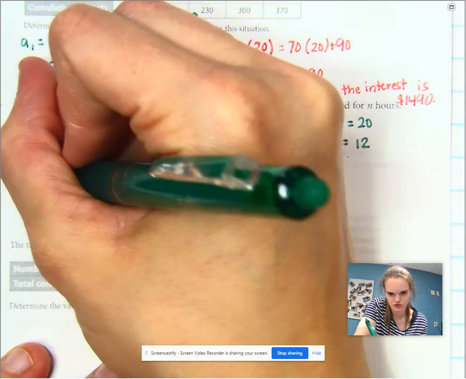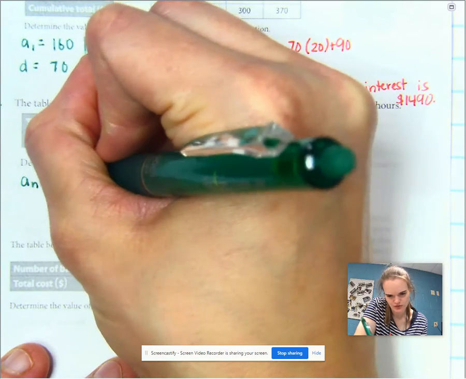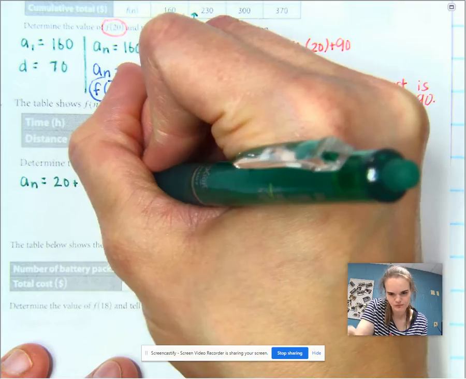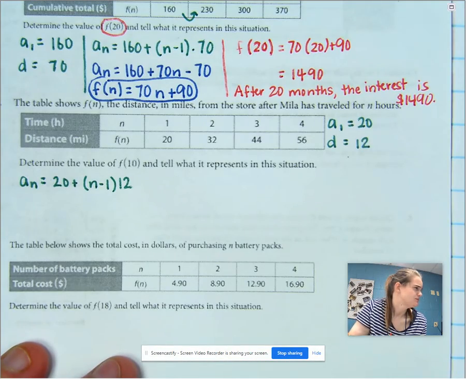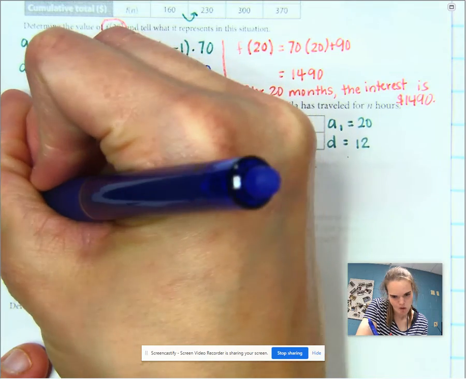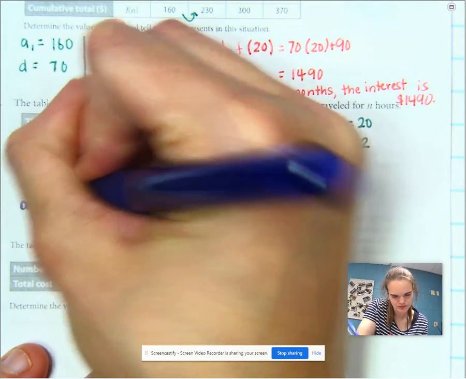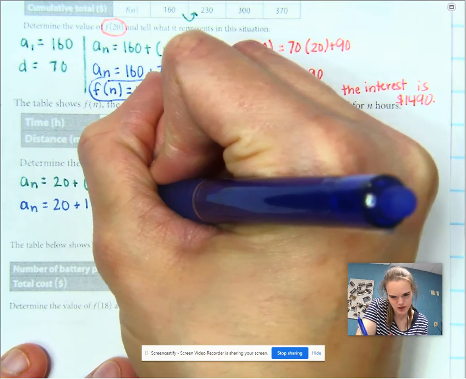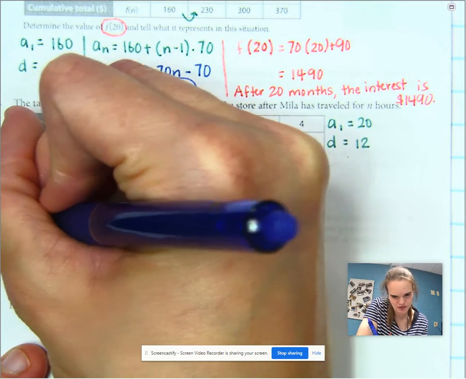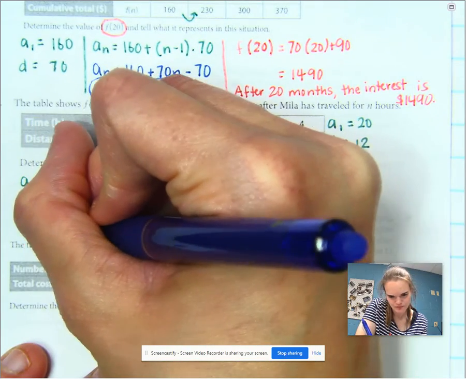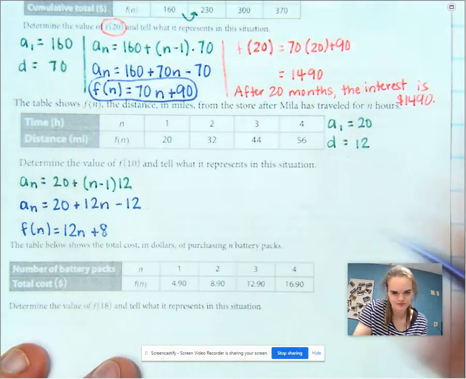A sub n equals 20 plus n minus 1 times 12. A sub n equals 20 plus 12n minus 12. Remember, we're going to change it to f of n equals 12n plus 8.